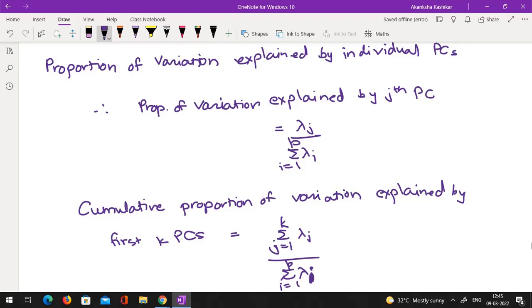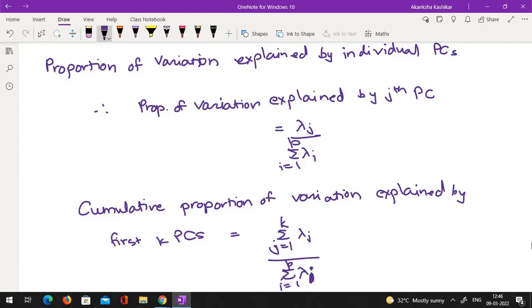This quantity is generally used in deciding how many PCs one should retain for further analysis. Suppose I have 10 variables, that is my P is 10, and two PCs are explaining 75% of the variation, and I'm in a domain where it is okay to lose 25% information.